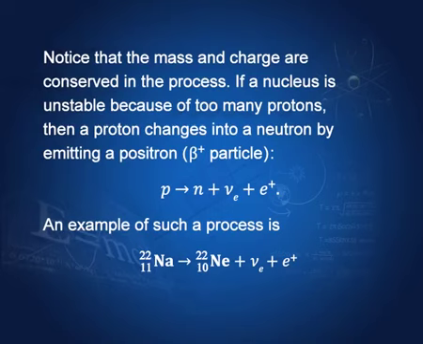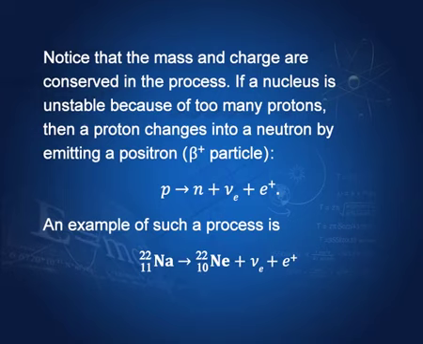So, for example, sometimes if the energy allows this, that is we have beta particles which are, say, positrons which have high energy, then the proton can break into a neutron, a neutrino and a positron. You can see this is 1 unit of charge, this is 1 unit of charge, and the mass is conserved.